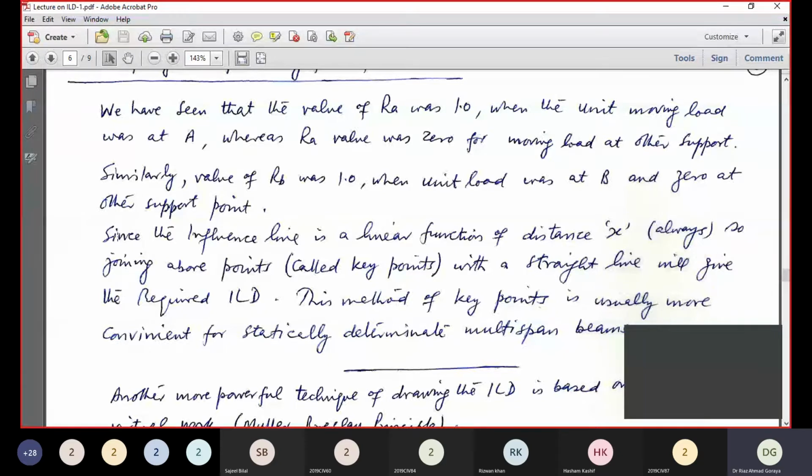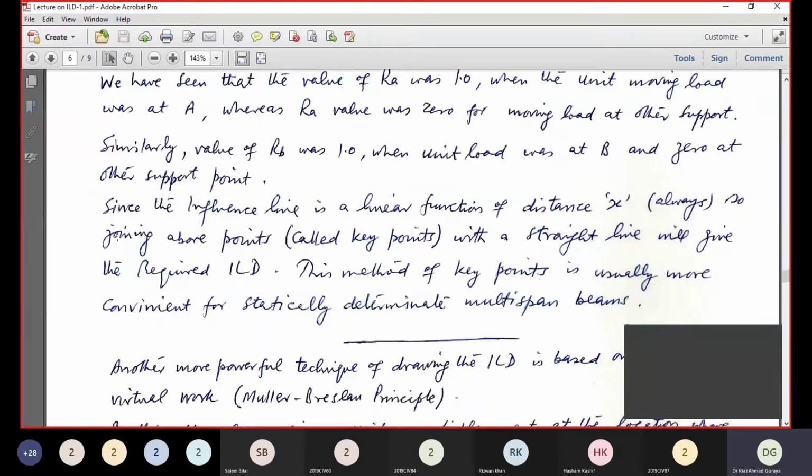This method of key points is usually more convenient for statically determinate multi-span beams or compound beams. वहाँ पे वो सिंपल जो अप्रोच है, बेसिक अप्रोच है, वो उतनी वर्केबल नहीं रहती, because this method of key point is also based on the basic approach. So we will directly mark the key points, then we will join them with a straight line.